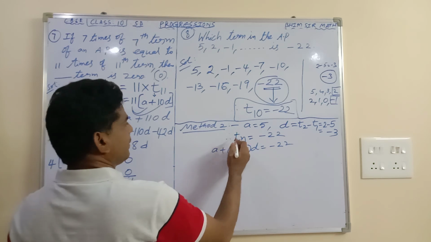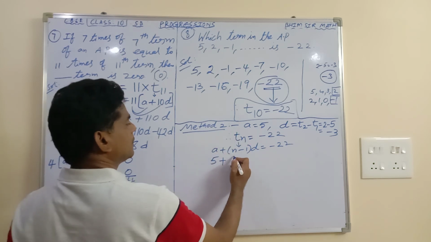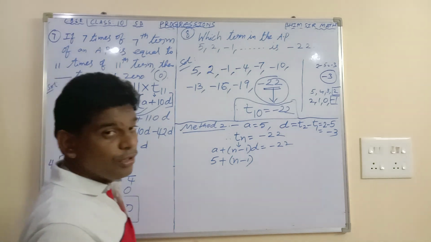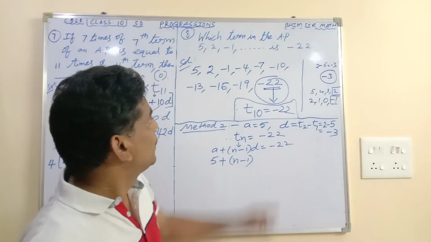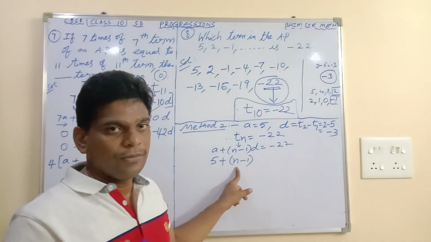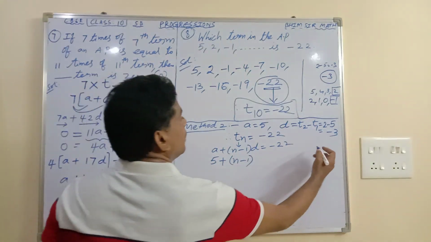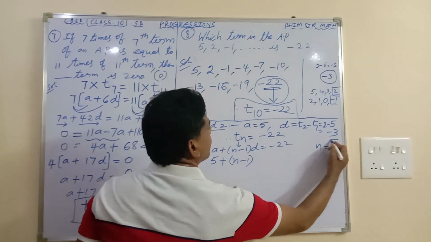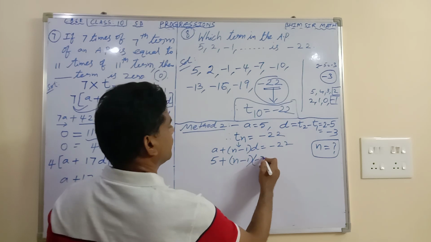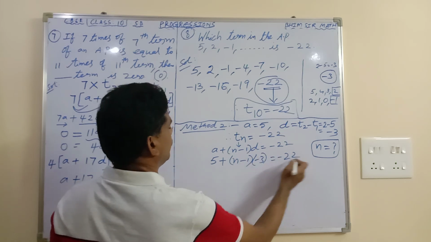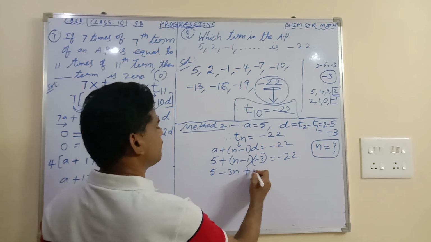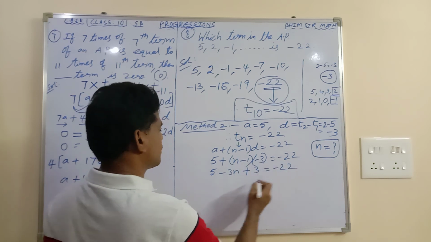A value is 5. 5 plus n minus 1 into D. What do we need to find here? The n value, which term is asked. N only we need to find here. D value is minus 3, equal to minus 22. So 5 plus minus 3n plus 3 is minus 22.